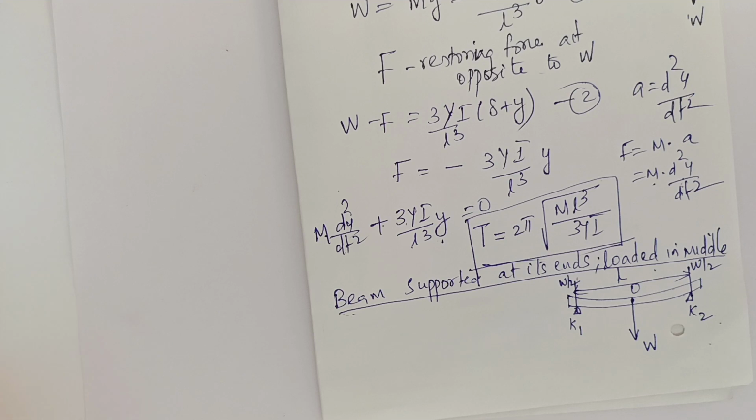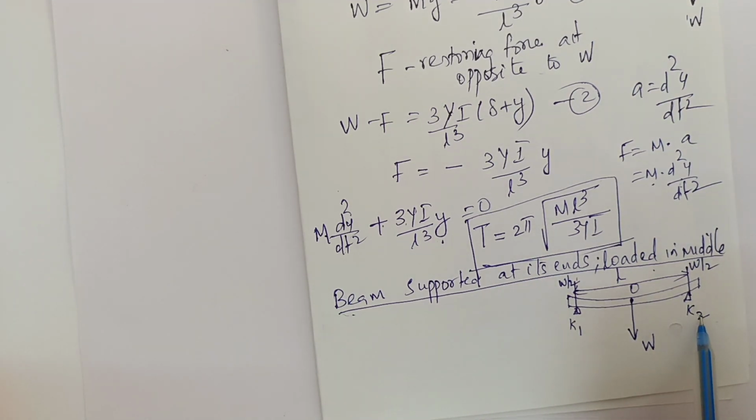So we are going to consider a beam that is supported by two knife edges, K1 and K2, which are at a distance L.